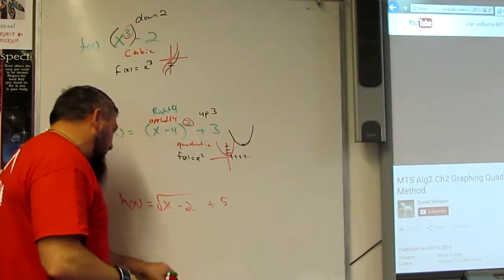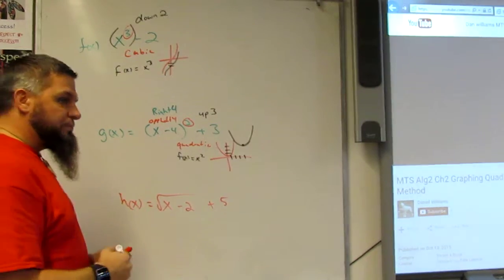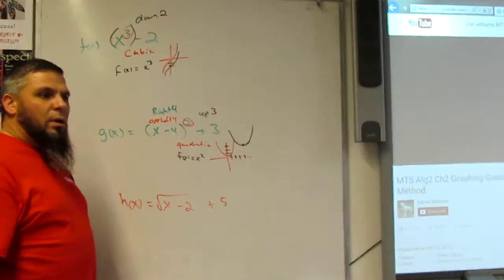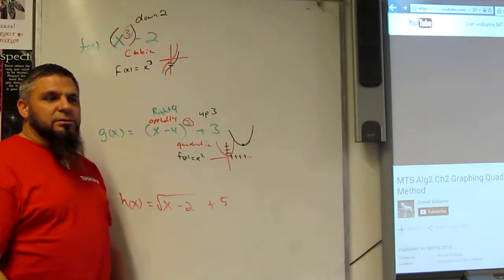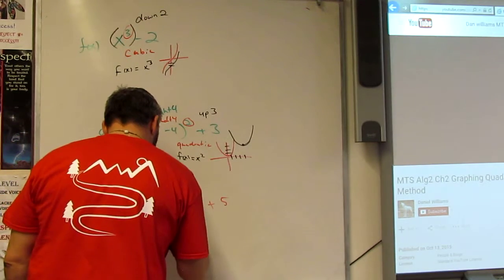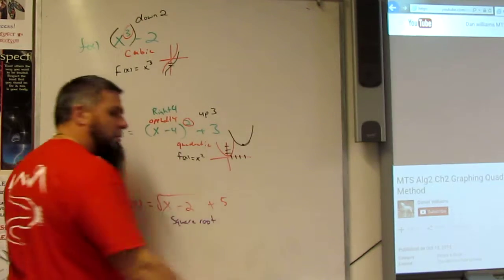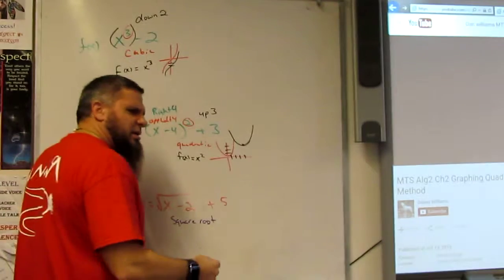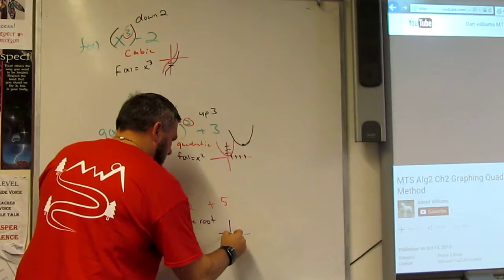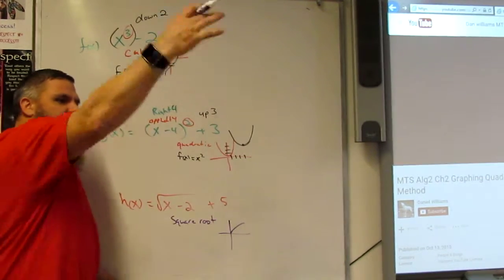So now what do we do here? What kind of function is it? Square root. What's it look like? Like an arm coming out.